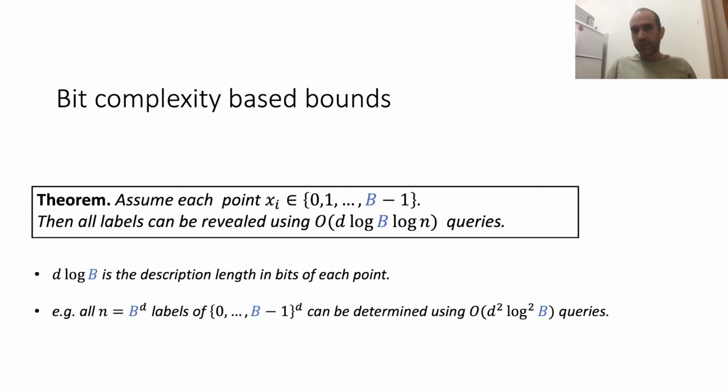So there are b to the d such vectors, and you can infer all of them using just d squared log squared b queries, which is much smaller than the number of points you have there. And this is basically the crucial observation that we use for subset sum, where b is 2.